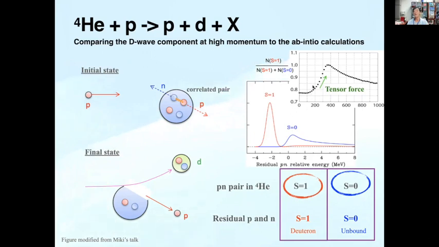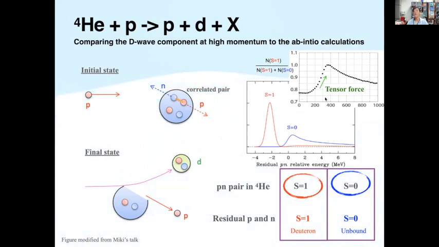This is the Green's function Monte Carlo calculation. So at lower energy, you see some amount of S equals 0 component. So that's why this ratio is here.